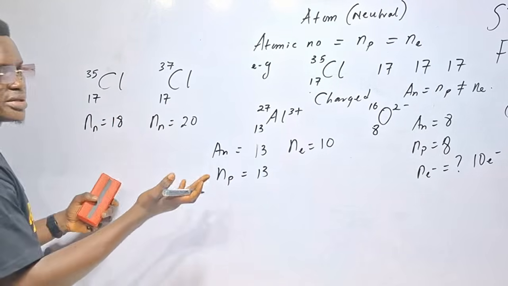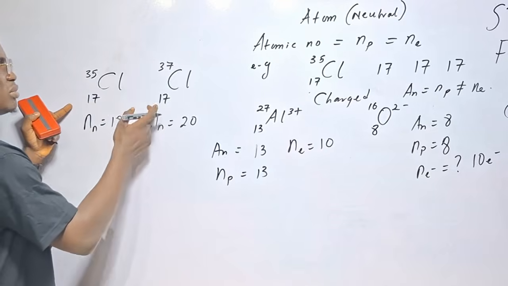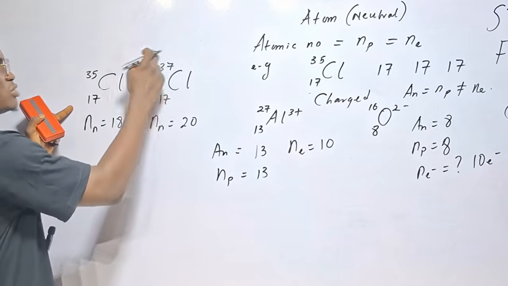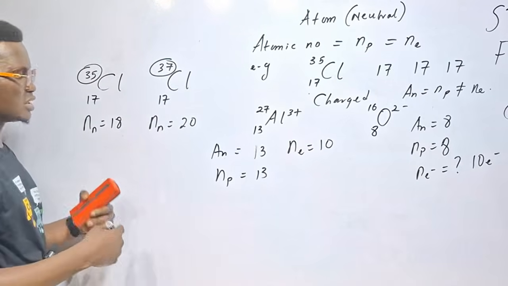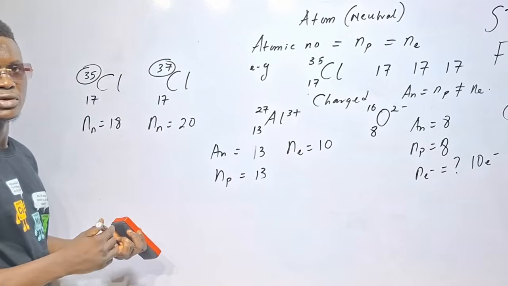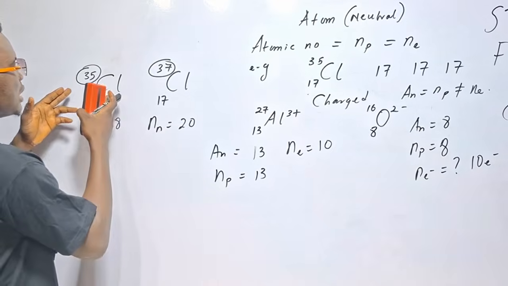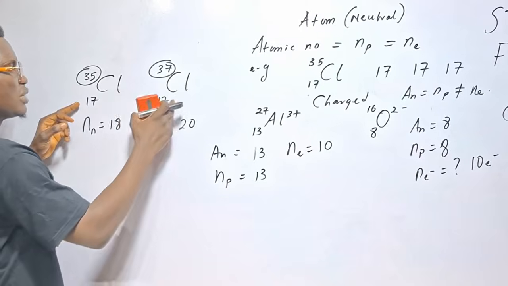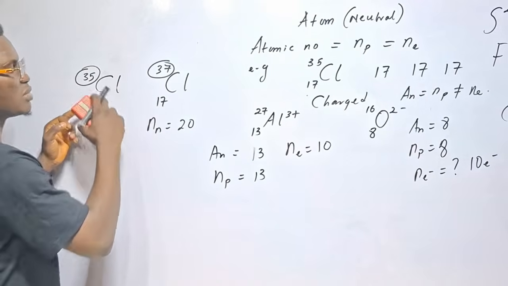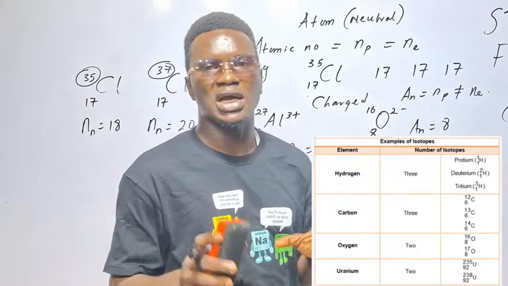So what do you notice? They have the same atomic number but different mass number. Why do you think their masses are different? Because their number of neutrons are what? Different. That's why. Do you understand that? So isotopes are nuclides of the same element with the same atomic number but different mass number. So that's what we call an isotope.